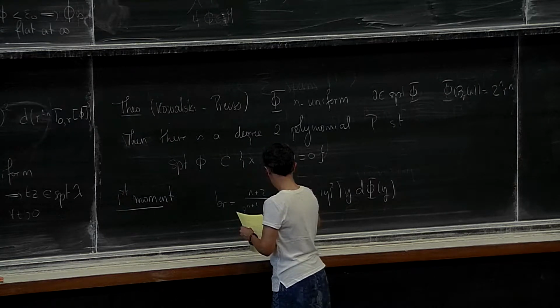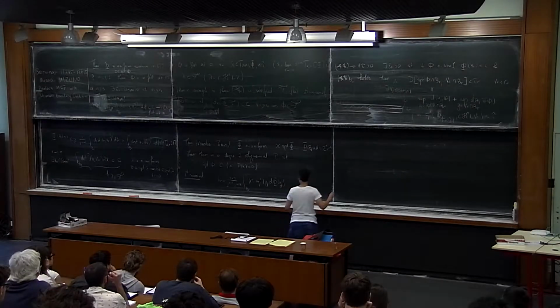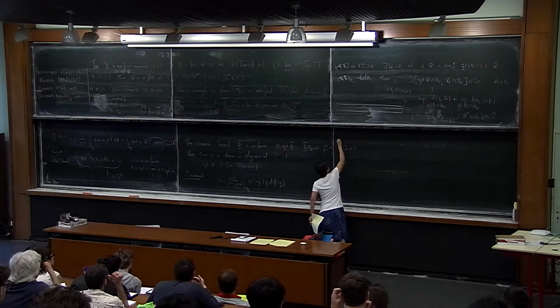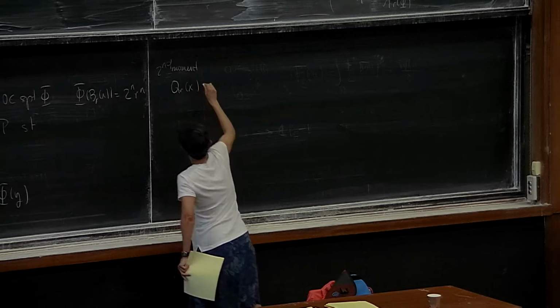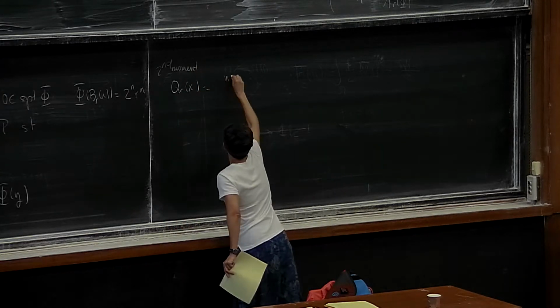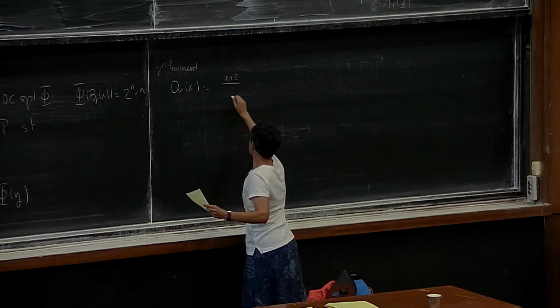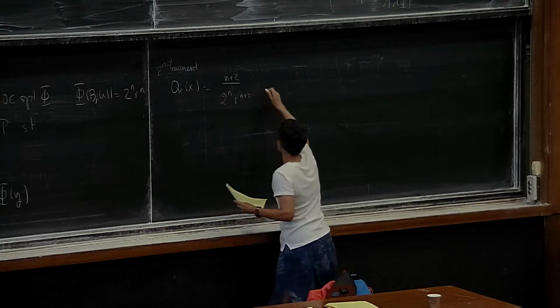Bear with me. I have a senior moment there. I believe it's a 2, but we'll see. And q of r of x. So this is the second moment, n plus 2 over 2 to the n, r to the n plus 2.